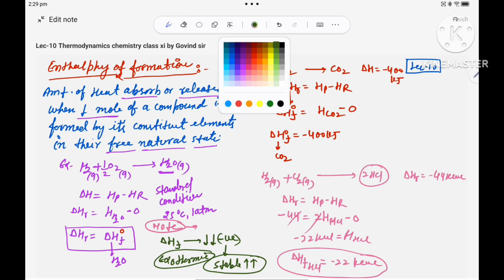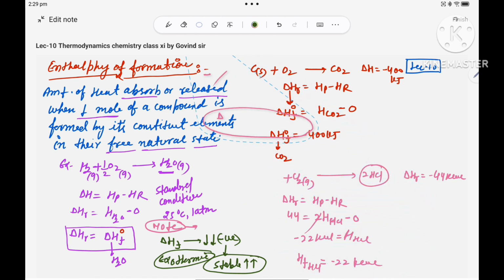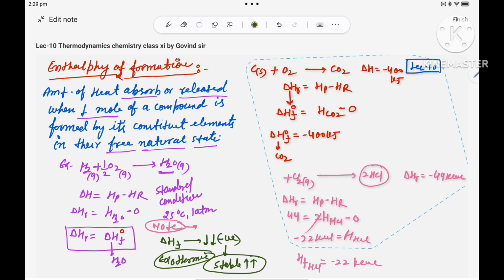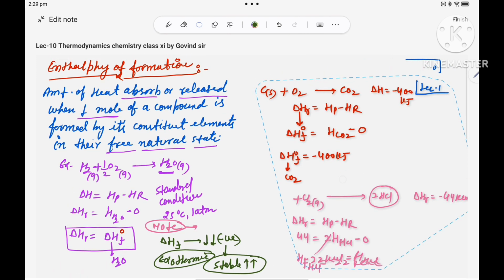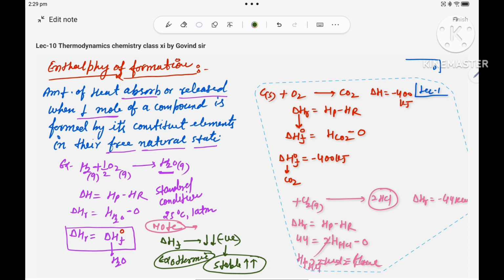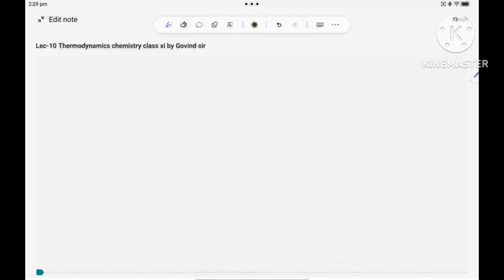Like here, one reaction is given: A plus 3B gives 2C plus D. So what is delta H here?